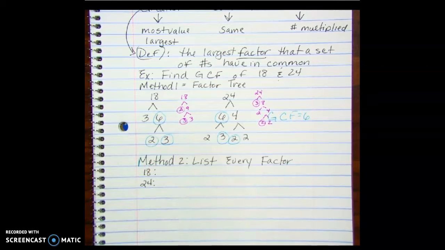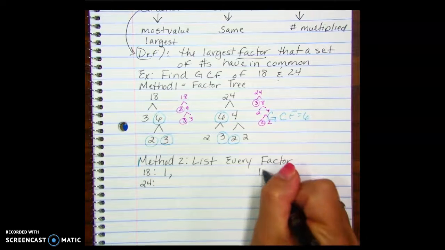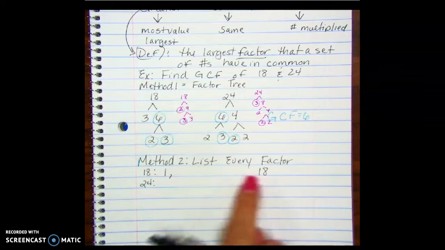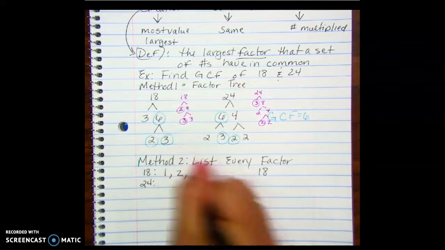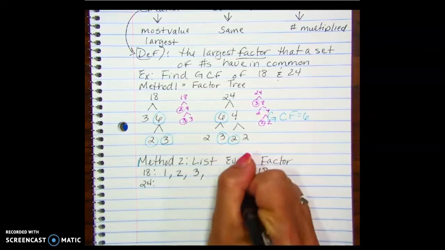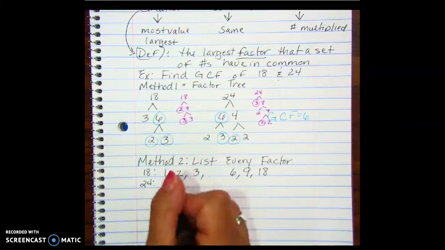And I start listing my factors starting with 1. 1, and I go all the way over here because I'm going to make sure they go in chronological order. 1, 18, 2, 9, 3, 6, 4, no, 5, no. So actually those are all the factors of 18.